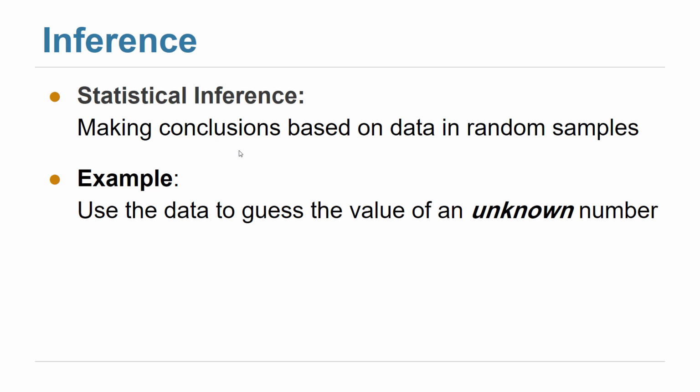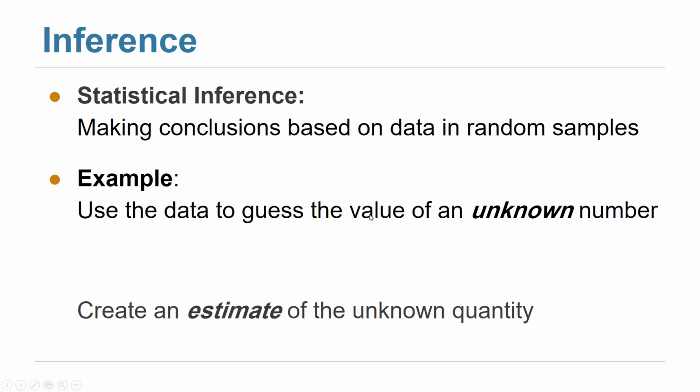I might not know it, so it's unknown, but of course it is a fixed value, right? If I know the values for the entire population, then I know the exact average GPA of the students in this class. So that's a fixed value. Now I want to get an estimate of this unknown quantity.